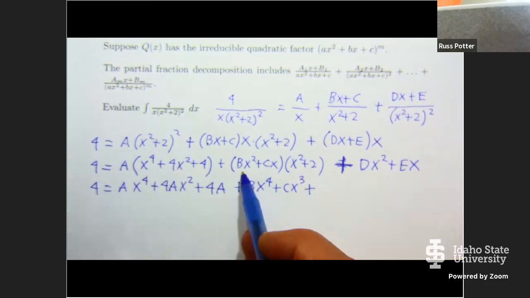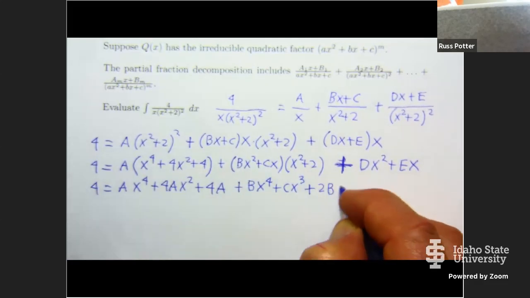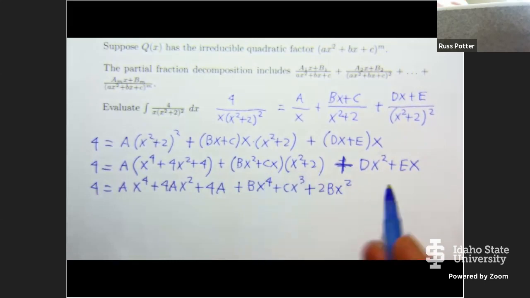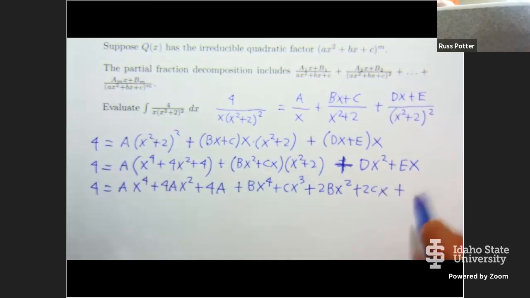And then plus Bx squared times 2 is plus 2Bx squared. And then finally, plus Cx times 2 is plus 2Cx. And then we have Dx squared plus Ex on the end.